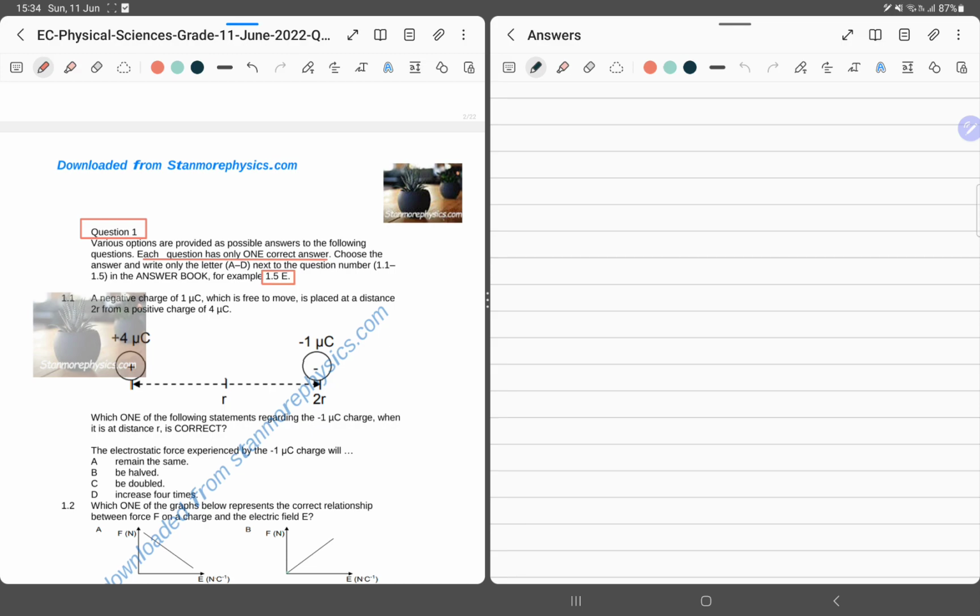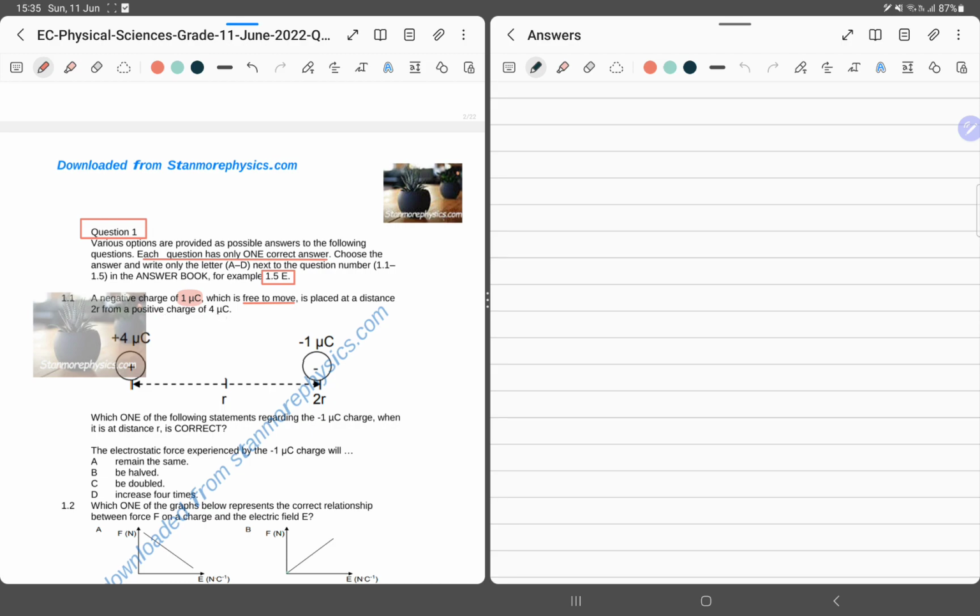Let's get to question 1.1. It says a negative charge of 1 microcoulomb, which is free to move. Okay, our charge is 1 microcoulomb, and of importance is that it is free to move. It is placed at a distance 2r from a positive charge of 4 microcoulombs.